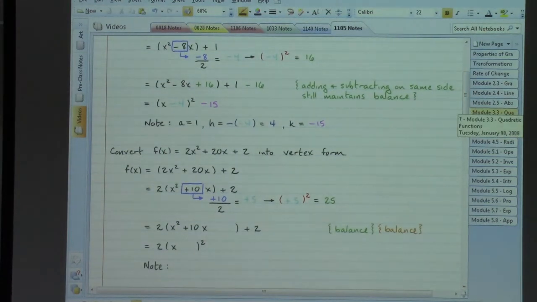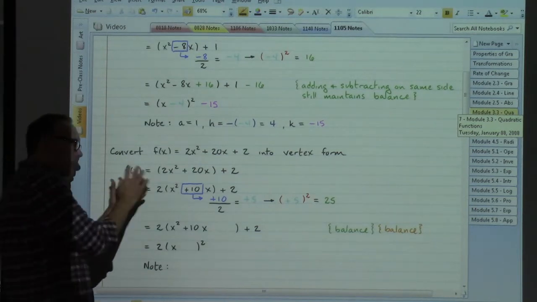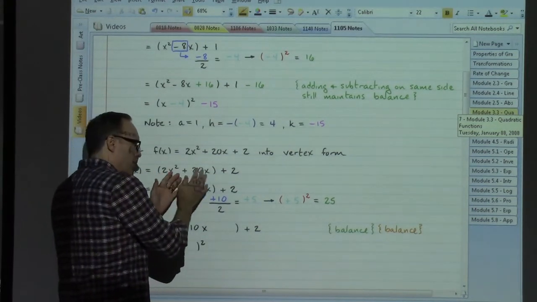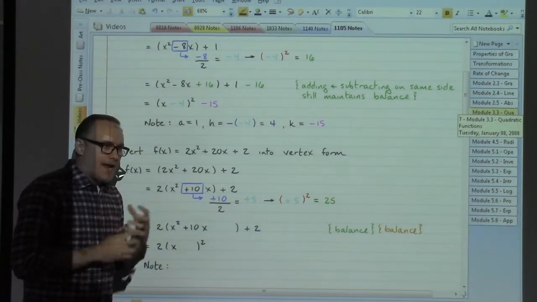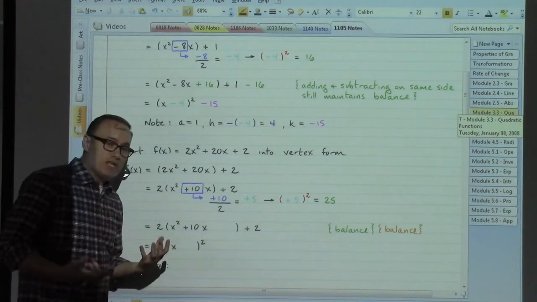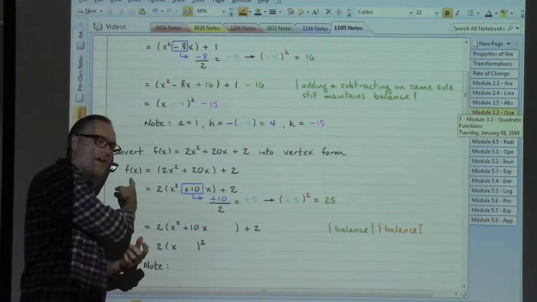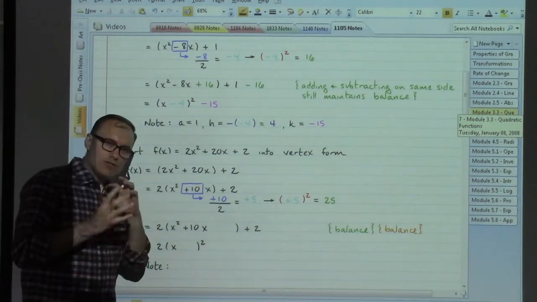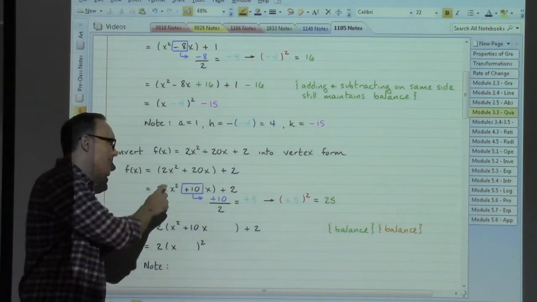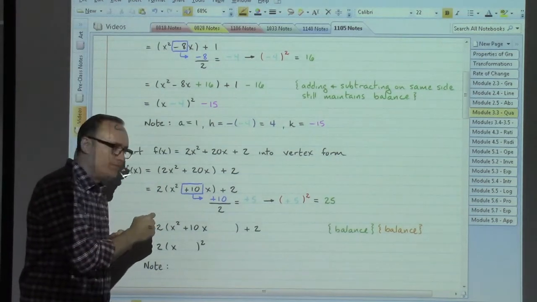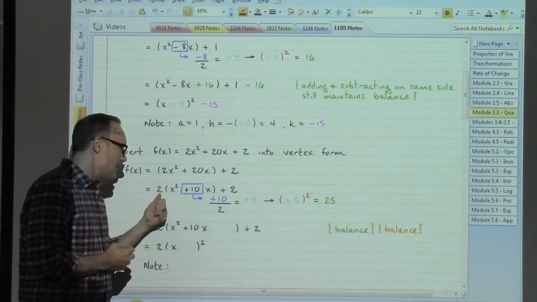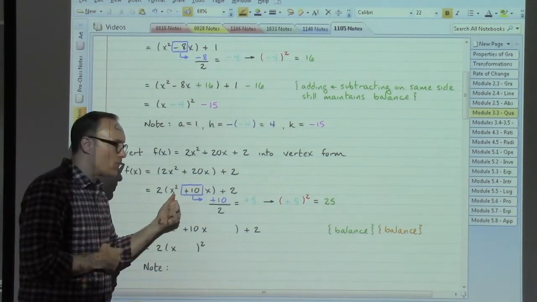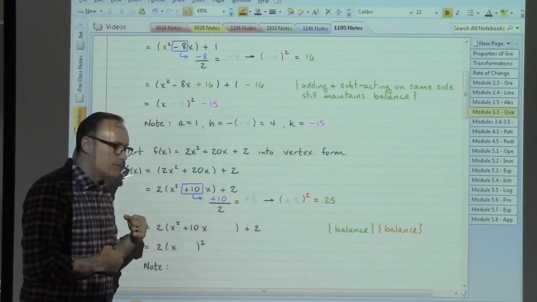Now we're going to start out in the same sort of fashion, saying I want to worry about the x squared and x stuff, but because I've got a 2 out in front and I don't want to rearrange things, I want to keep that function notation, I've got to do another bit of retooling and say, let's take that 2 and factor it away from our variable terms, away from the x squared and away from the x.